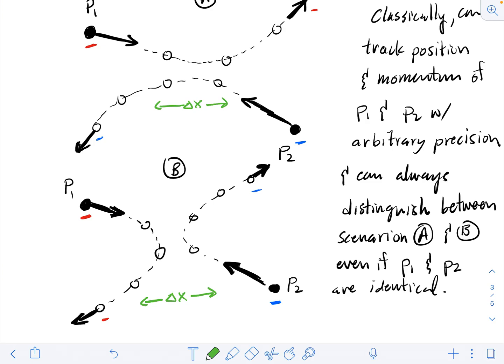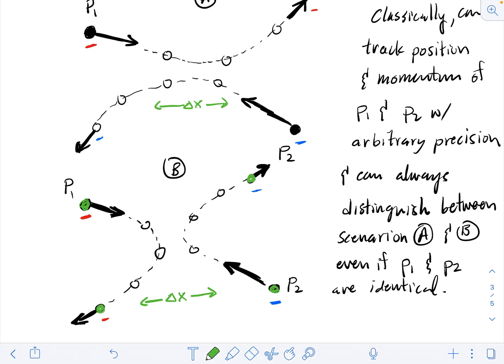Then all we can say, if they're identical particles, is that we started with a particle in the top left and bottom right positions, and then there was some scattering event that we couldn't observe with arbitrary precision, and after that there was a particle in the bottom left and top right positions.